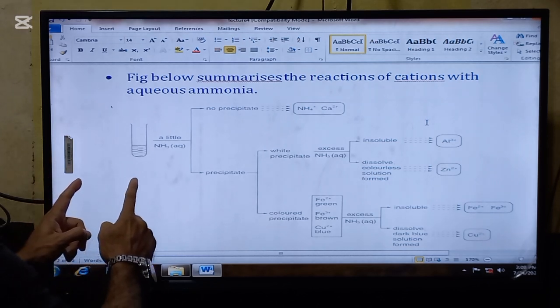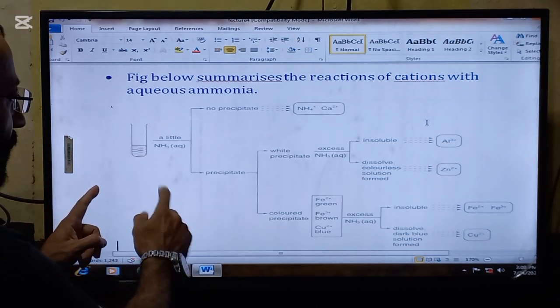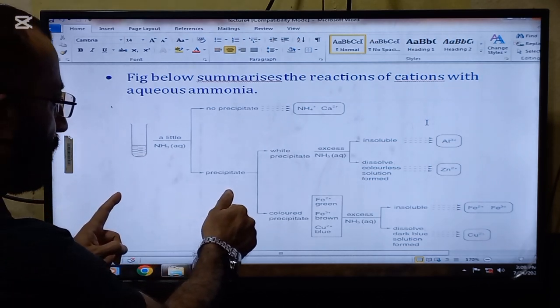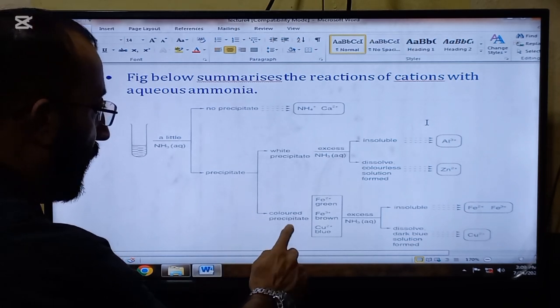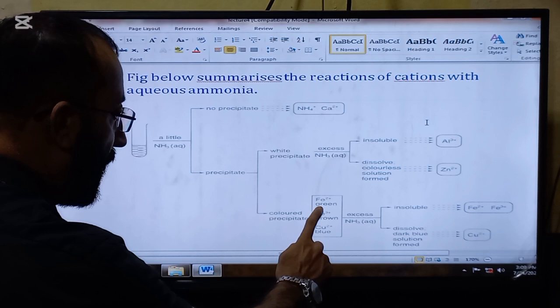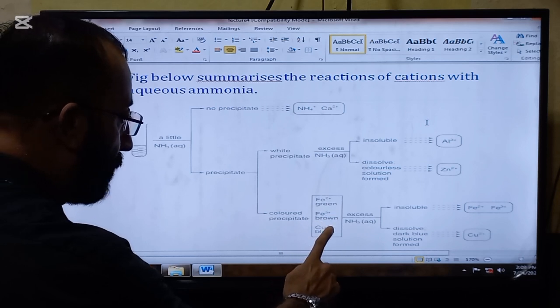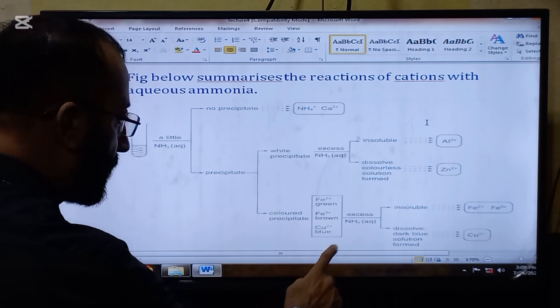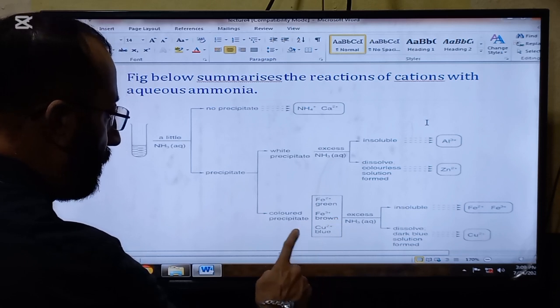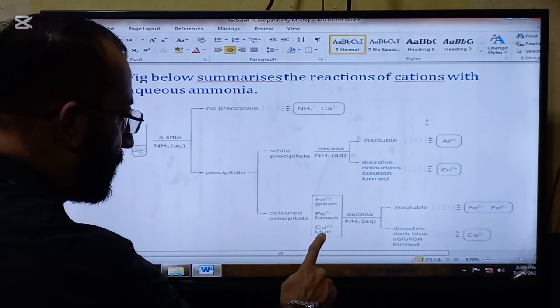If the cation reacts with aqueous ammonia and a colored precipitate is formed: if the color is green, that will be Fe2+. If a brown precipitate is formed, that will be Fe3+. And if a blue precipitate is formed, then that will be Cu2+.